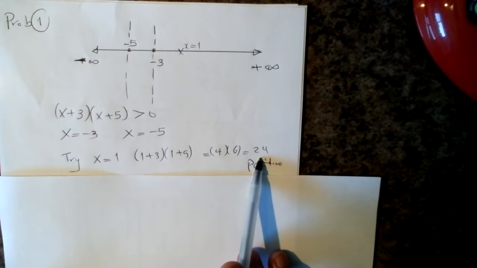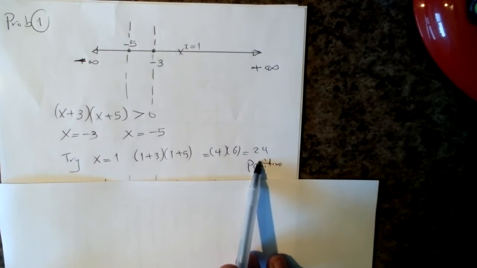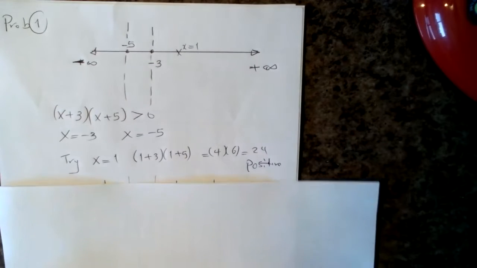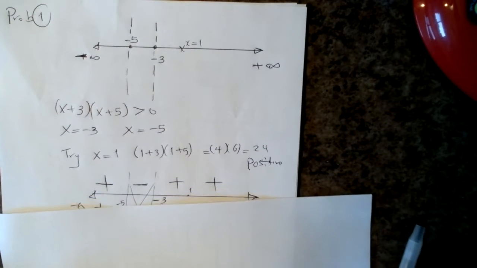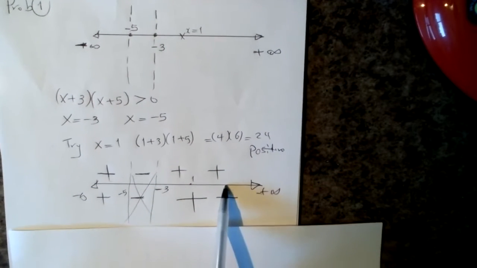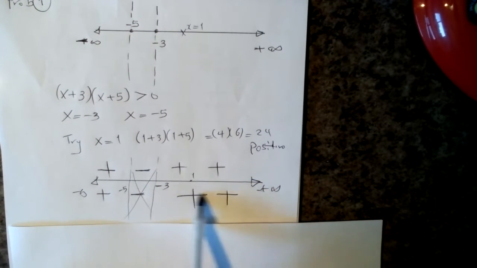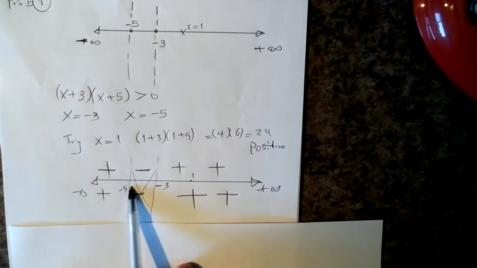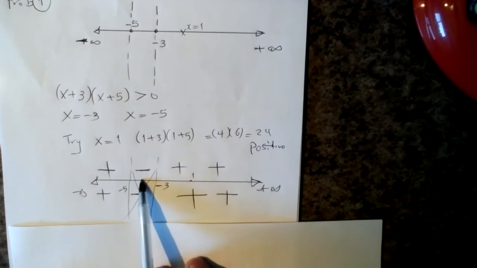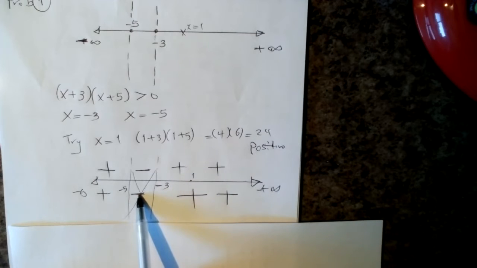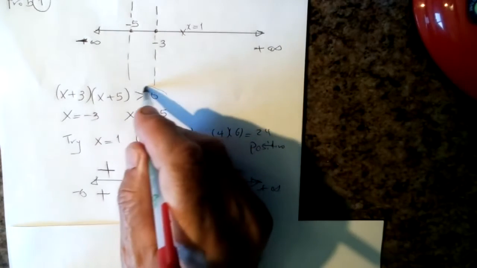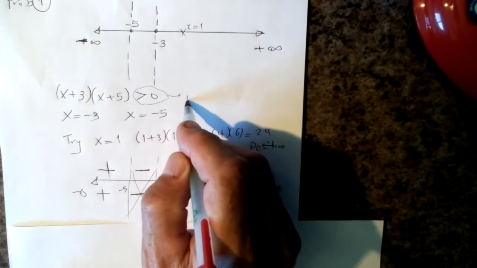So that means when you substitute any number greater than minus 3 into this equation, the outcome is positive. Now, if I pick a number between these two and substitute, like minus 4, the outcome is negative. The problem is asking for the positive numbers.